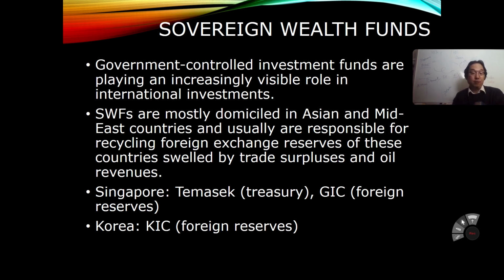Very interesting phenomena going on. And then Korea also learned from Singapore, I guess, and created the Korea Investment Corporation. It sounds very similar to GIC, and it works with Korea's foreign reserves, right?